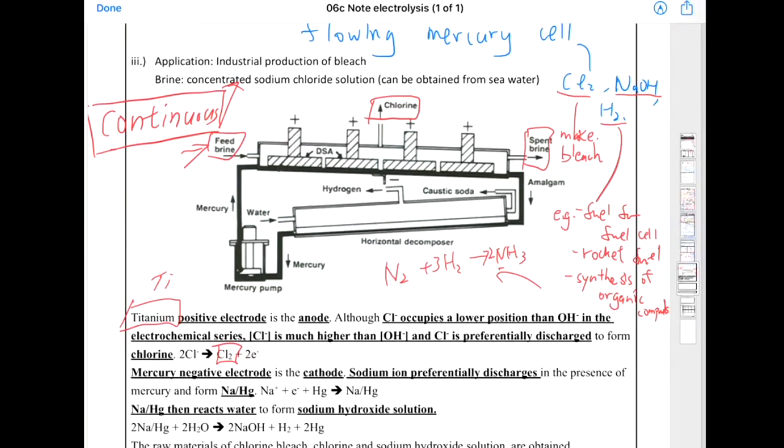Sodium. Or sodium metal, I mean sodium ion, it will be discharged because of the presence of Hg. So that it will undergo this reaction at the cathode.